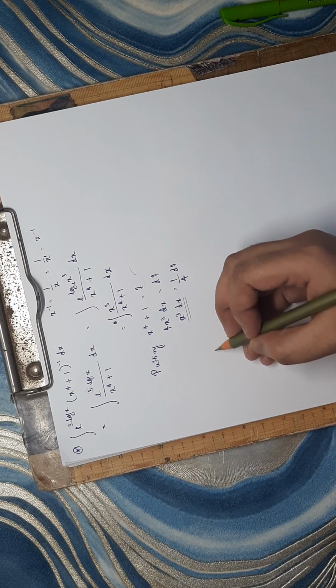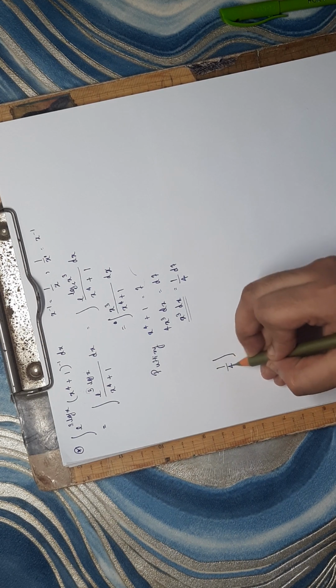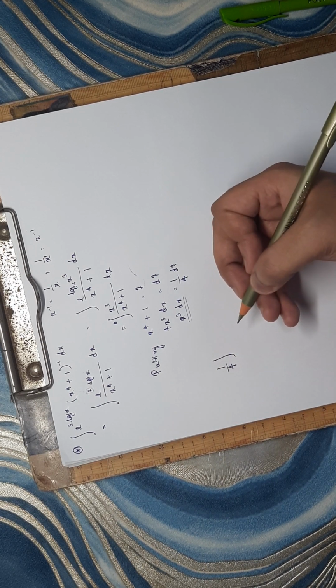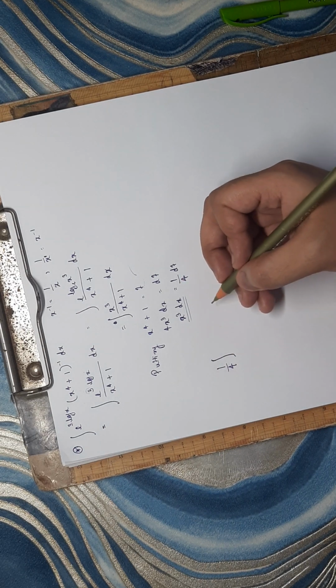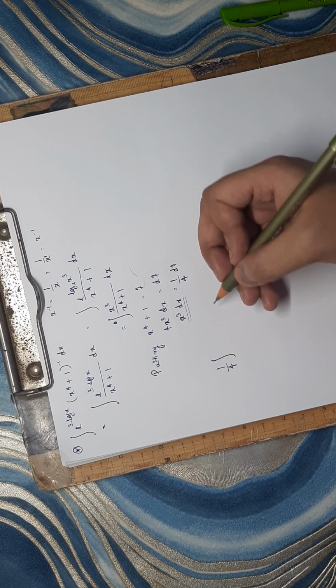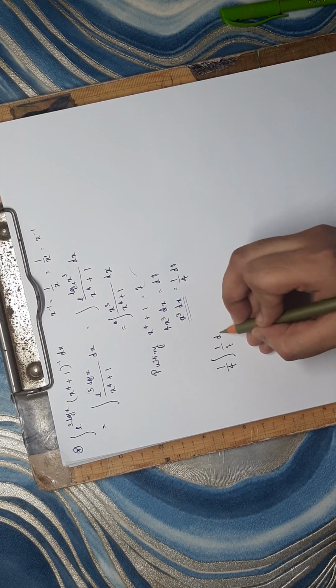So what will I be getting? The 1 by 4 will come outside of the integration sign as it is a constant, and inside the integration sign we will be having 1 by t into dt.